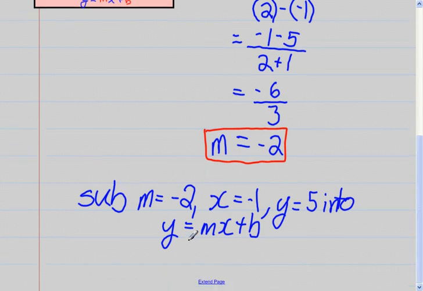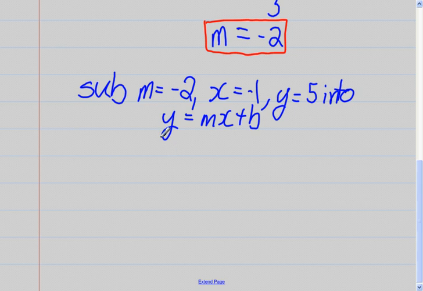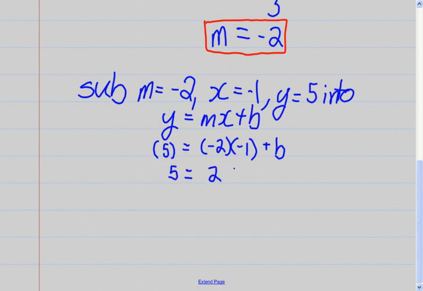So again, I'm using substitution. I'm going to replace the y with 5, the m with -2, the x with -1, and the only thing I don't know is b. And that's what we want. We want the y-intercept. So now we're going to simplify. -2 times -1 is +2.